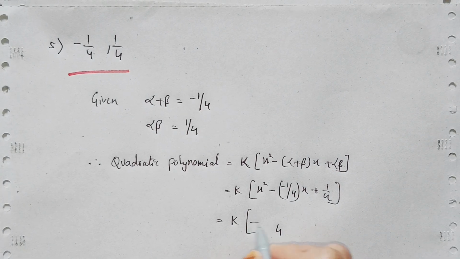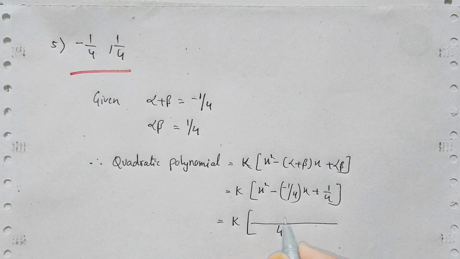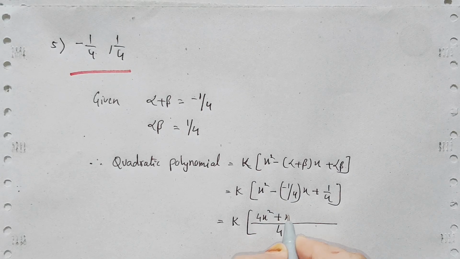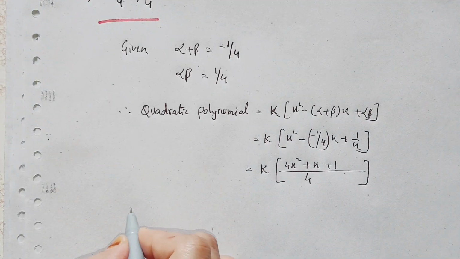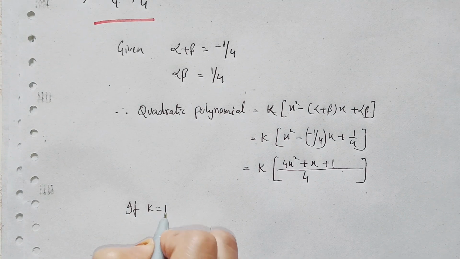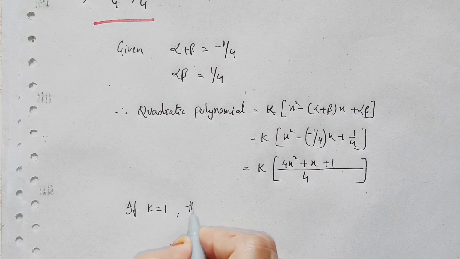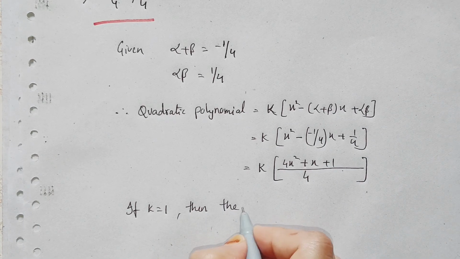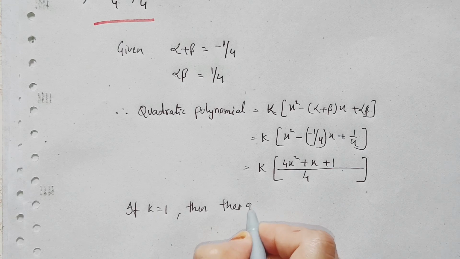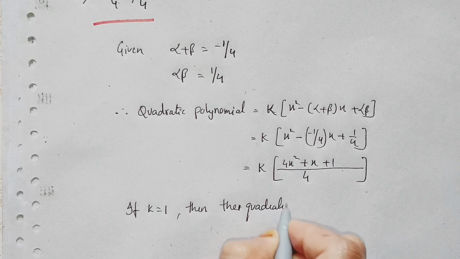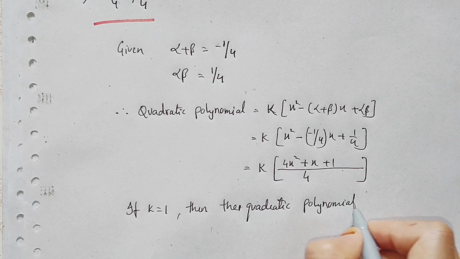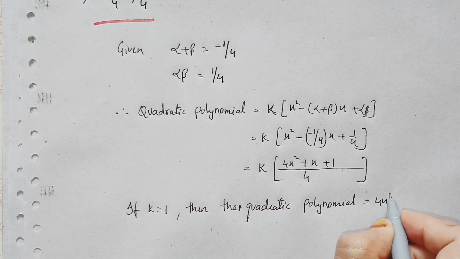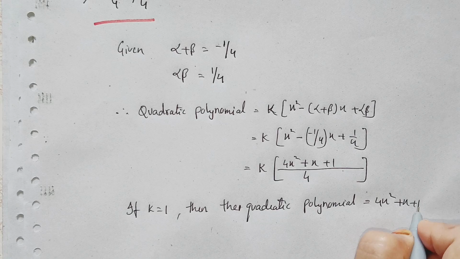K of 4x square minus of minus means plus x plus 1. Okay, therefore if k equal to 1, then the quadratic polynomial is 4x square plus x plus 1.